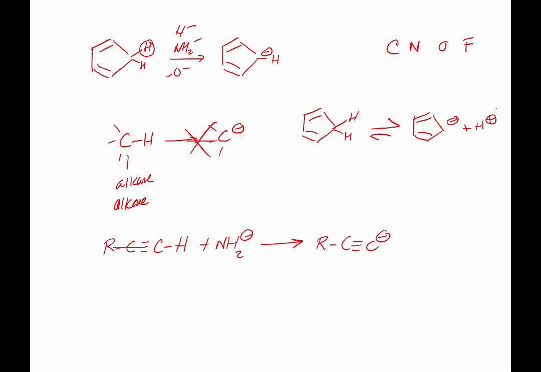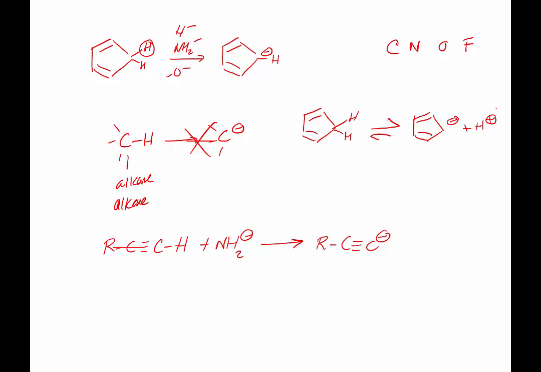So what does that do to the equilibrium? Right. Okay, it shifts the equilibrium to the right. Because what have I done to the conjugate base? I've made it more stable. Have we ever used that principle before?